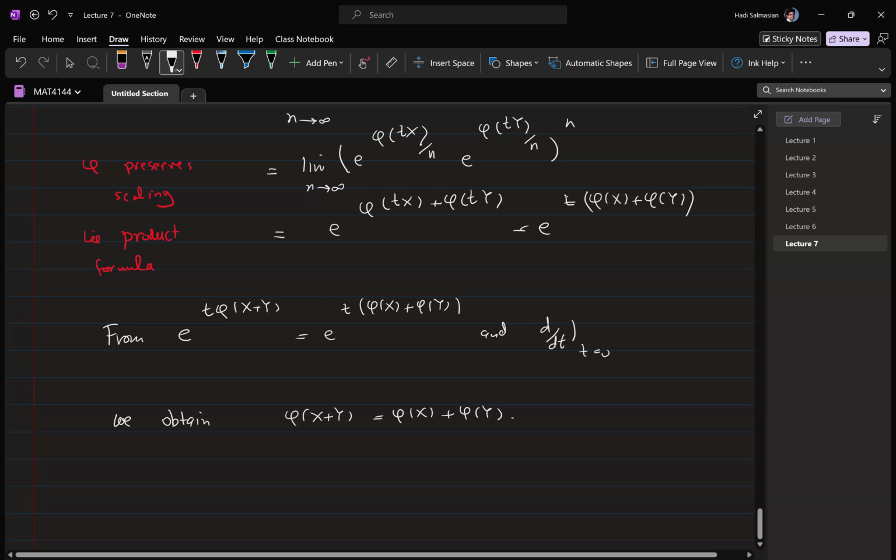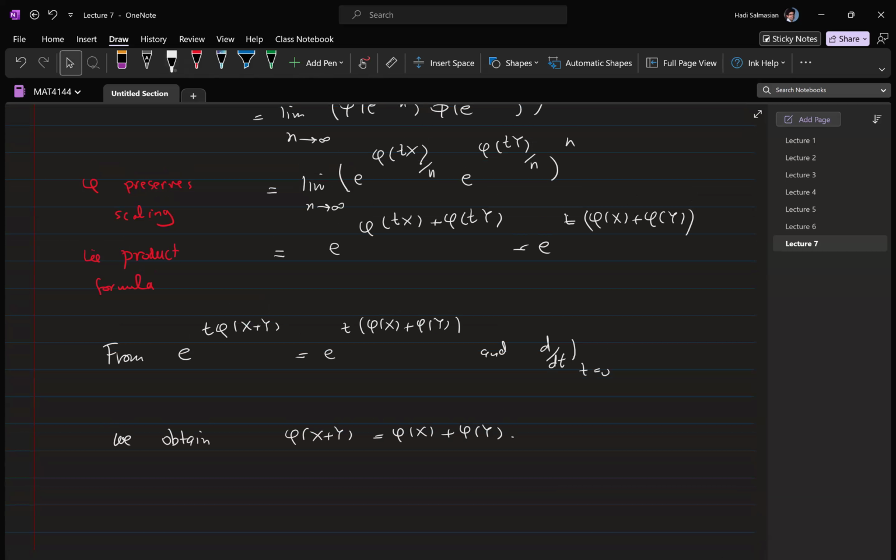So again, the two exponentials are the same for all t, so when we differentiate, they have to be. Everybody happy? Is it clear what we did?